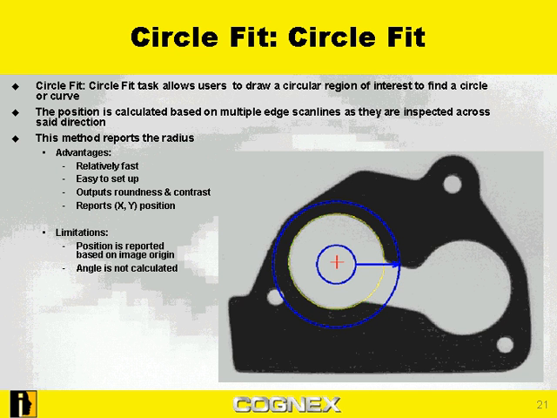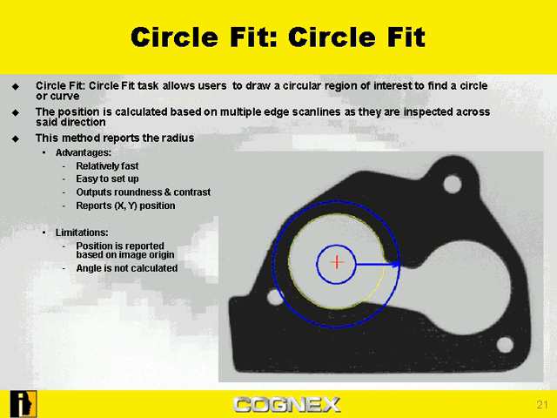That says the limitations of this is that the position is reported based on the image origin, and in many of the other cases, especially the cases of the line-based tools, the position is reported based on the origin of the line.